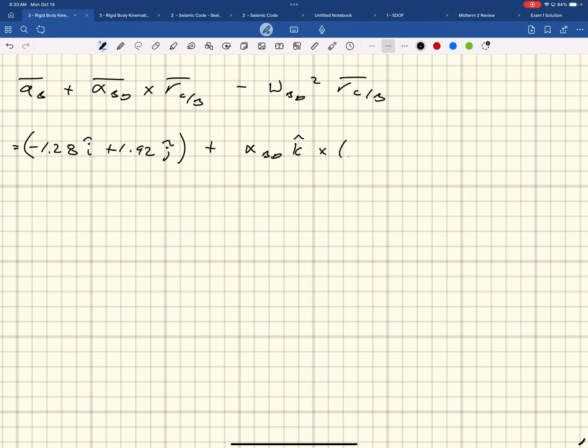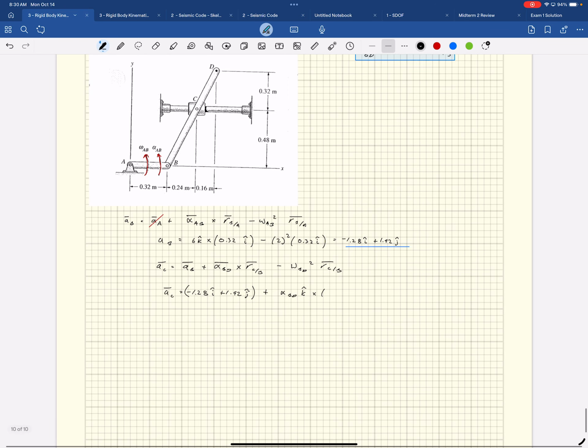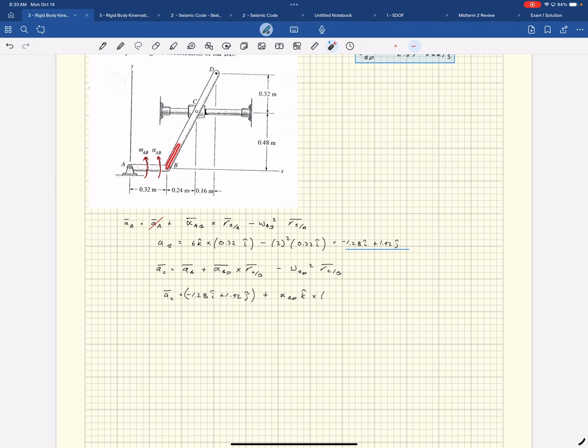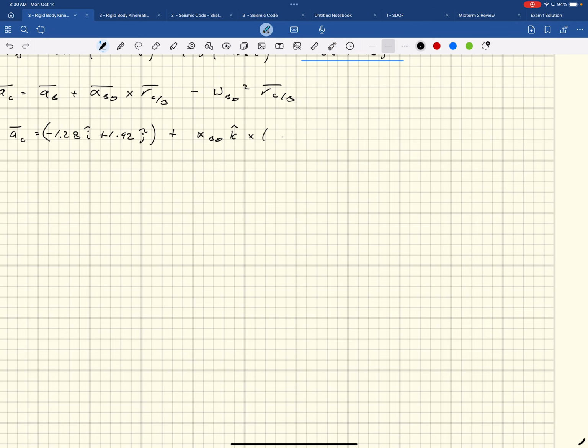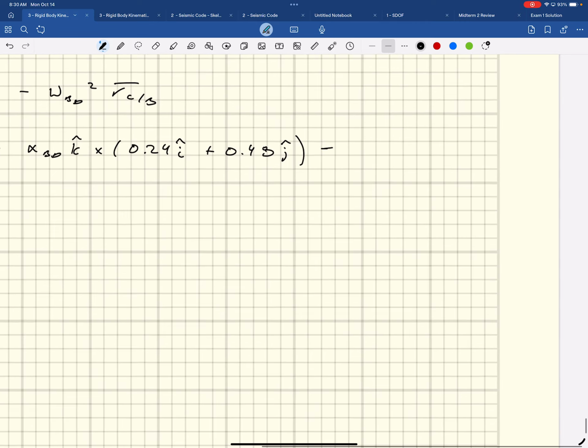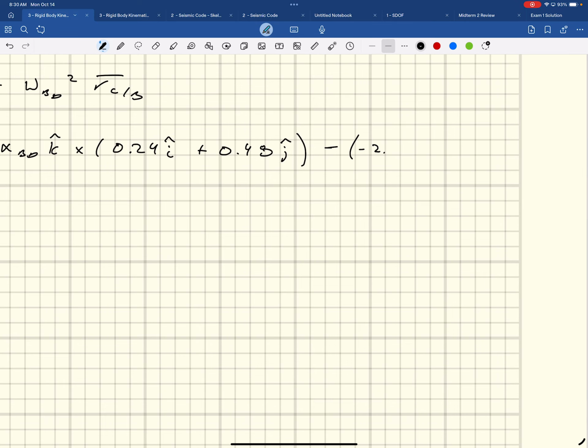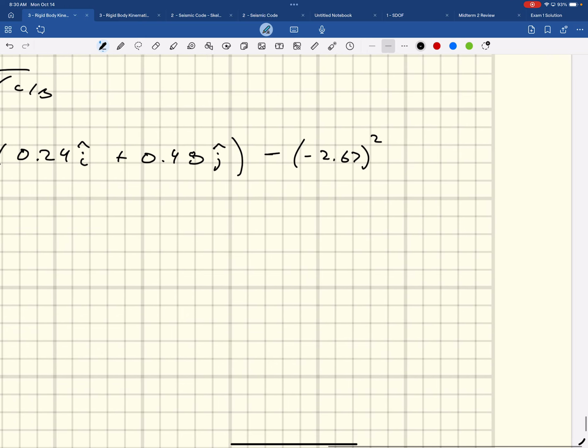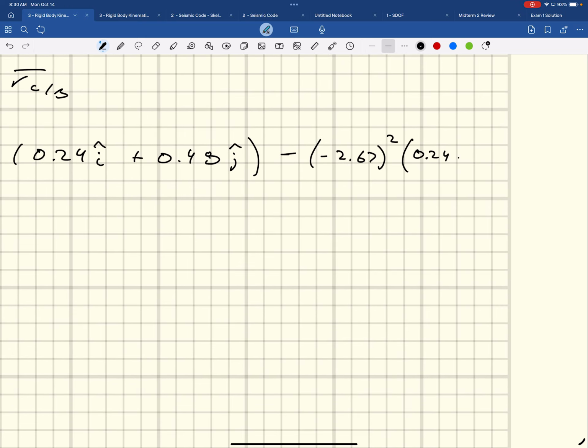I cross that with r_C as seen from B. I'm going to go over 0.24 in the I, and then up 0.48 in the J. This would be 0.24 I plus 0.48 J, minus negative 2.67 squared, that's what I had from before, times 0.24 I plus 0.48 J.